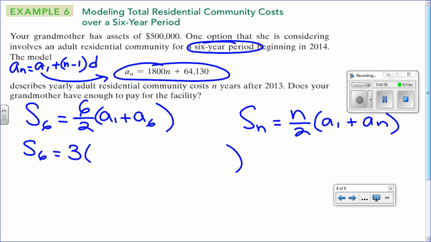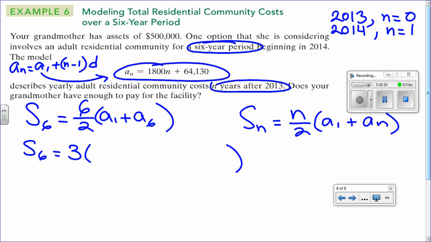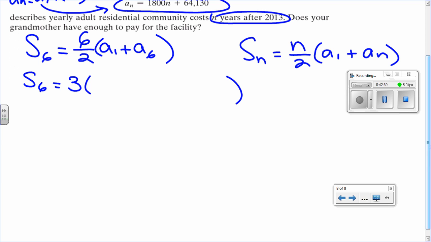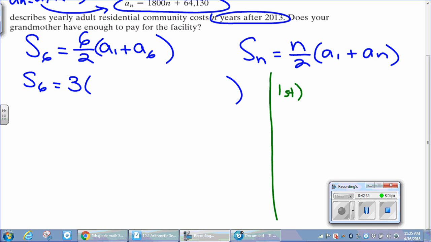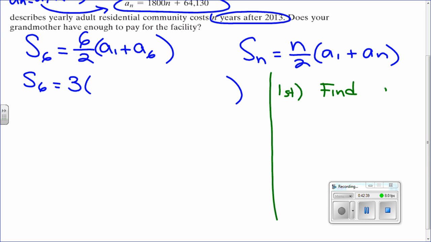So you guys notice how it says here n years after 2013? That's my clue that 2013 will be n equals 0. So then 2014 will be n equals 1. Okay? So first, let's find the first term. And then second, we're going to need the last term, which will be the 6th term.